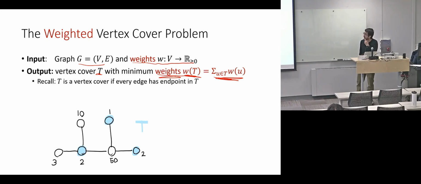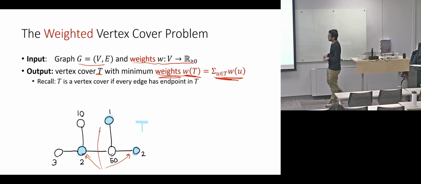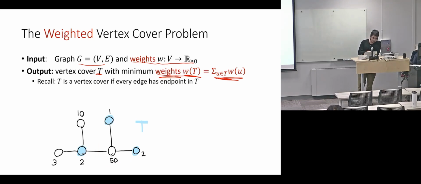In this picture, the optimal solution would be this blue set, because the weight is small and it covers every edge. If it's unweighted, then you might just choose this guy and this guy, but here it is weighted.